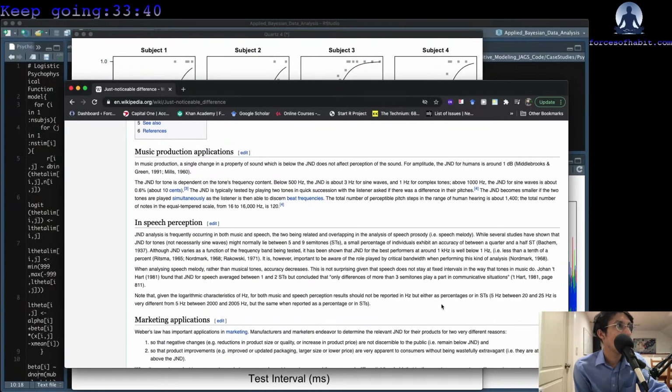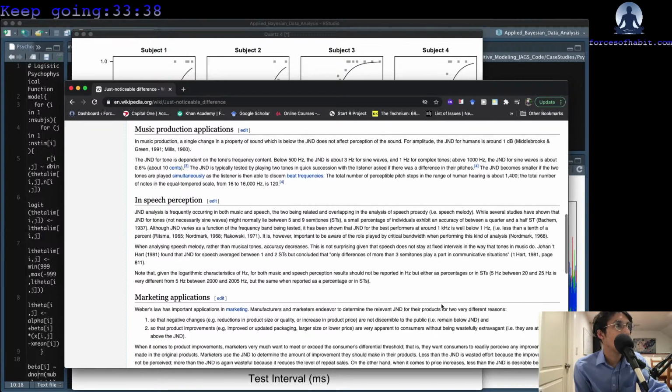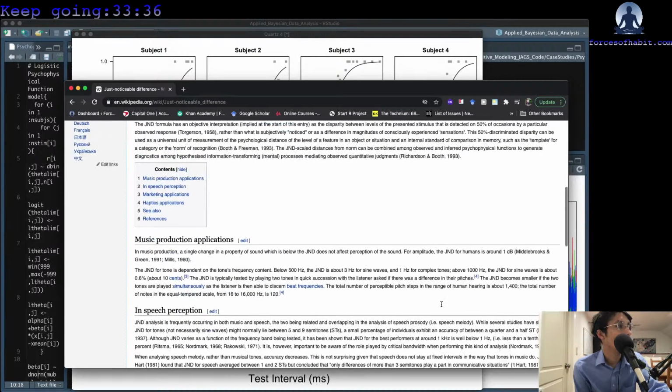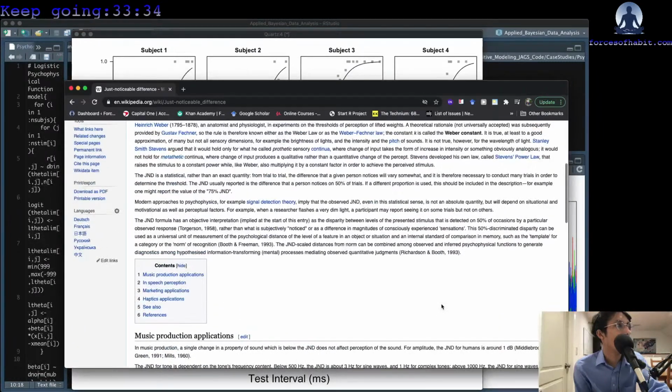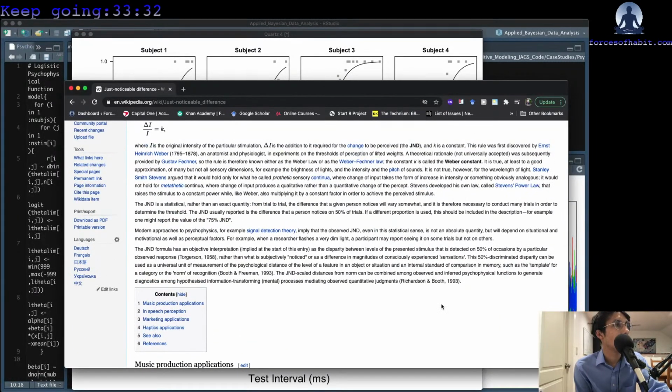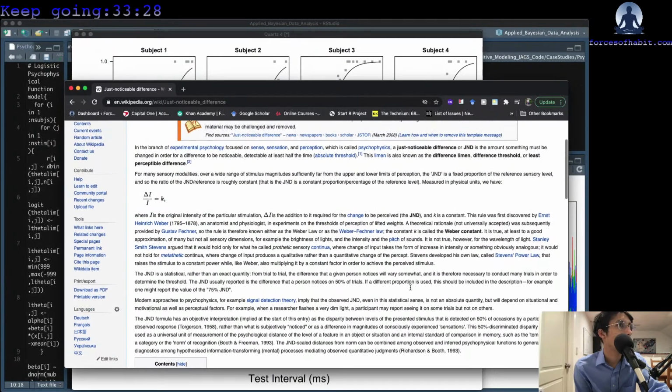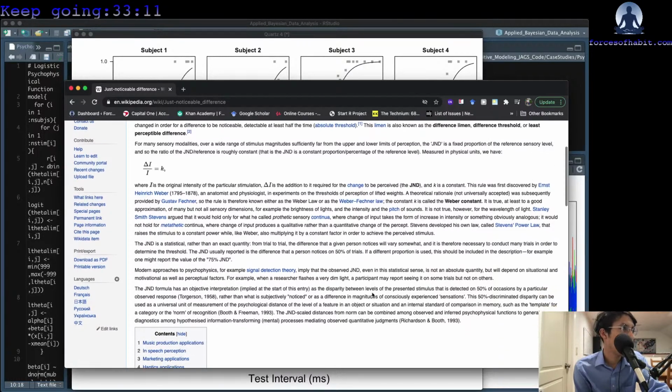Right, so things below the just noticeable difference are presumably not explicitly perceived. So this is a way to quantify perception. Below this threshold, it's theorized that people are not cognizant of it.